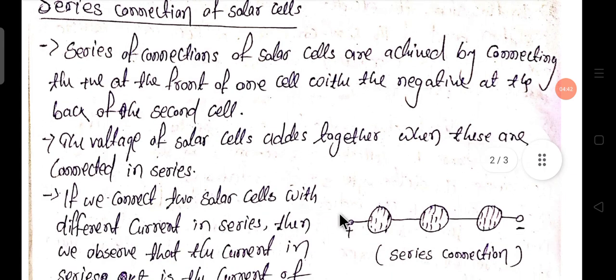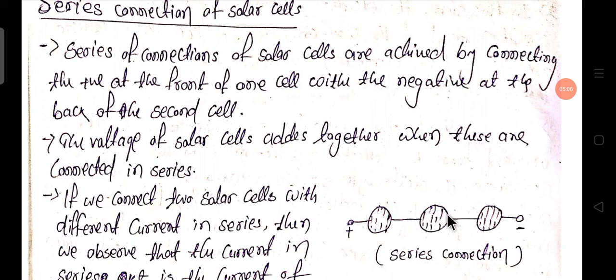Here you see there are 3 solar cells, and this is the positive terminal and this is the negative terminal. The positive terminal at the front of one cell is connected from the back to the front of another cell, and from the back of that it is connected to the front of another cell.